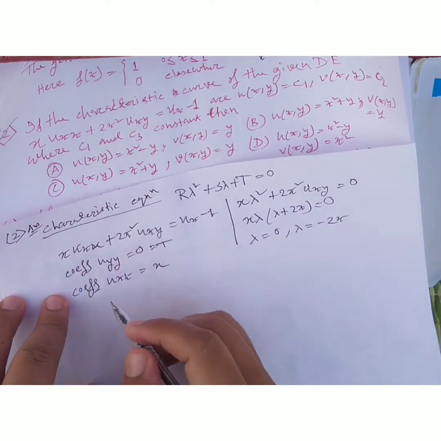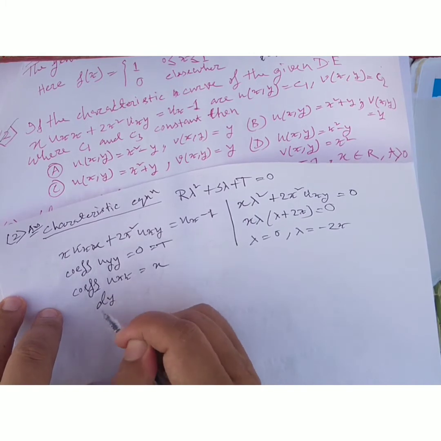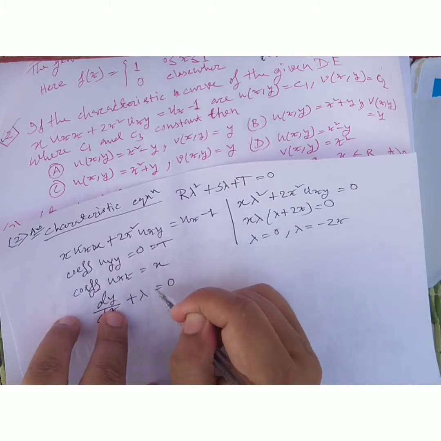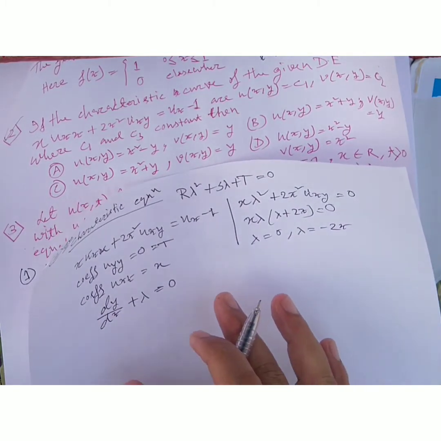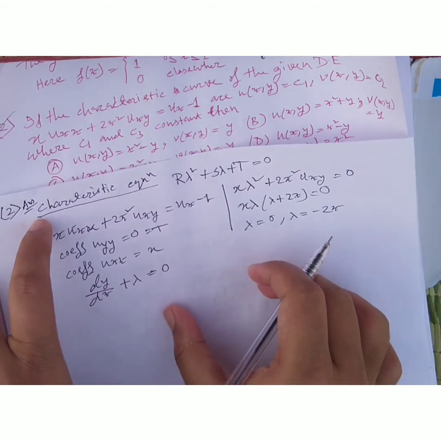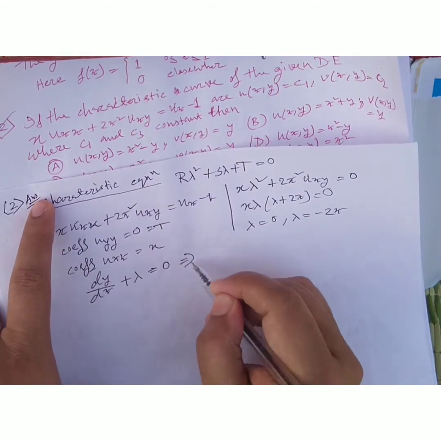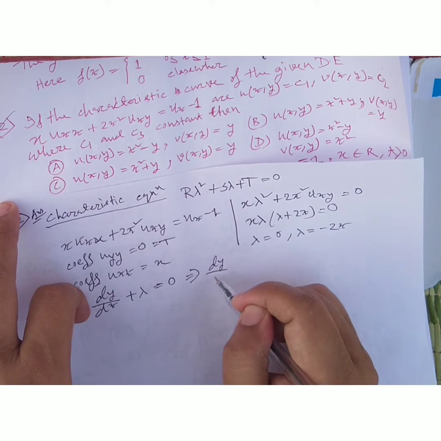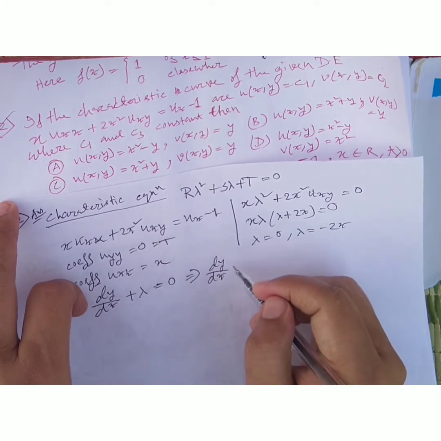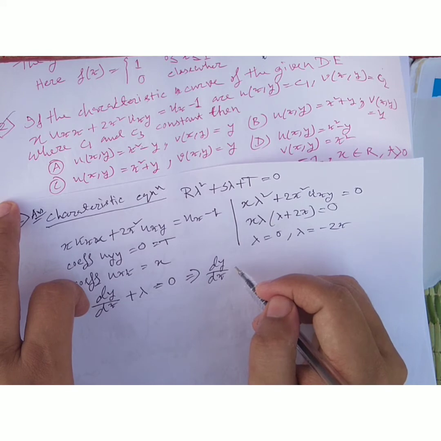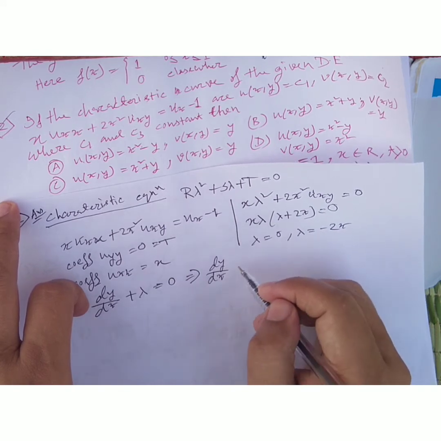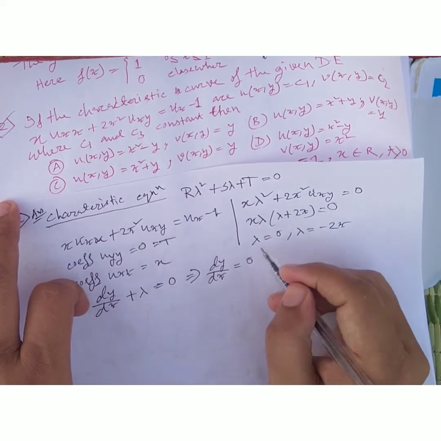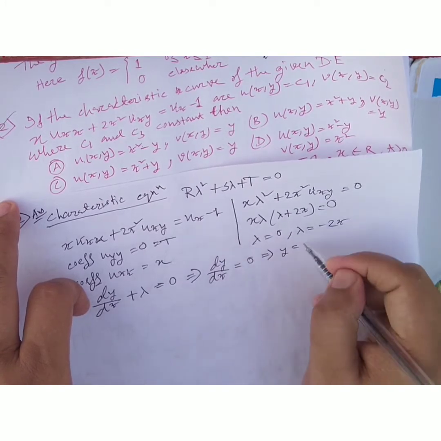Now friends, I get the lambda values, and what is my condition? dy by dx plus lambda is equal to 0 according to the theory. So for the first lambda value, which is 0, I get y is equal to c2.